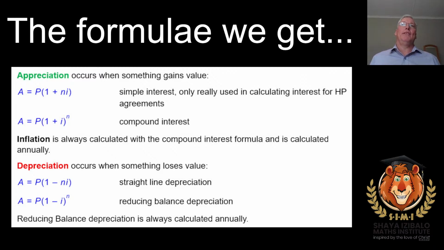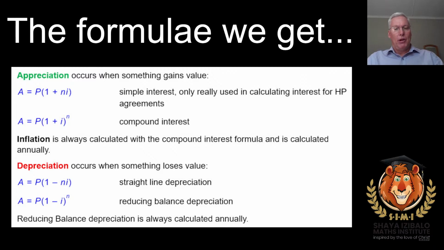And there's essentially straight line appreciation or depreciation, and then there's compound appreciation or depreciation. Compound depreciation we call reducing balance, and it's important that reducing balance depreciation always happens annually. Inflation, unfortunately, is compound rather than simple, and it also happens annually.